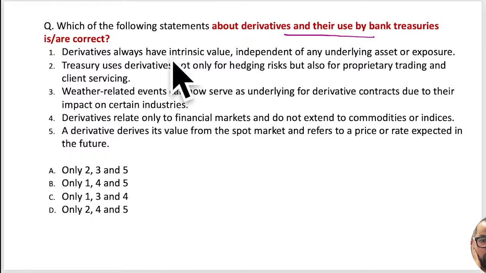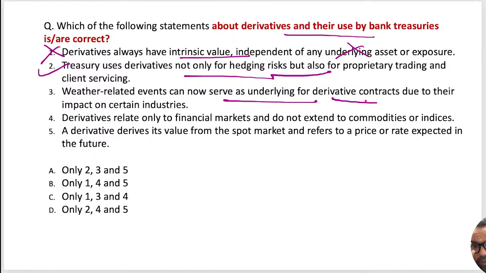So derivatives always have intrinsic value. This statement is wrong. This we have gone through, I guess. Treasury uses derivatives not only for hedging but for proprietary purposes. Weather related derivatives can now serve as derivative contracts. Derivatives relate only to the financial market, not extended to commodities or indices. This is also wrong.